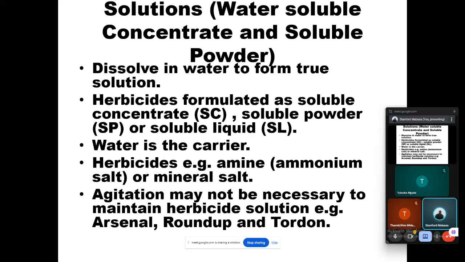For example, Arsenal, Roundup, and Tordon. Now, for solutions, mixing, you may not require to do agitation. But sometimes when you do agitation, we want to make sure that the pesticide is actually dissolved. These are easy to dissolve.